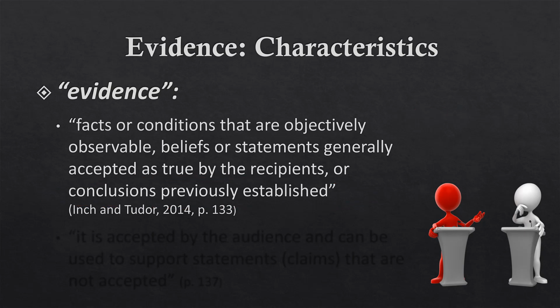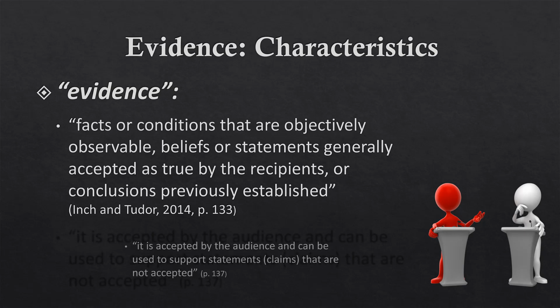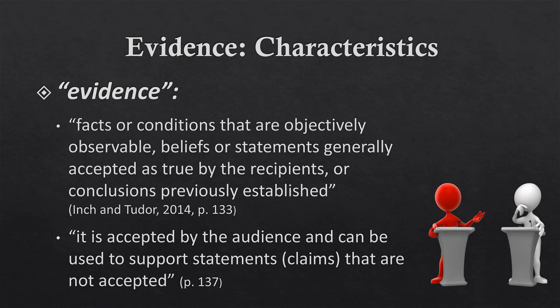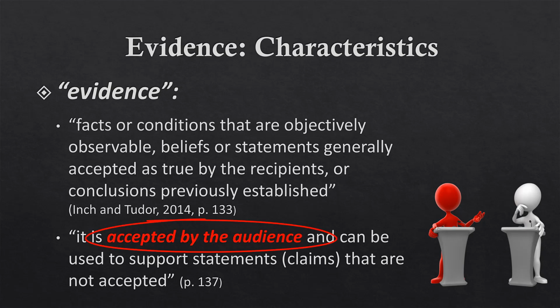So whether we're talking about objective facts, premises, or previously established conclusions, there's one important characteristic that all of these approaches to evidence have in common. Evidence is accepted by the audience and can be used to support statements, claims that are not accepted. And it's this piece, accepted by the audience, that is absolutely crucial.